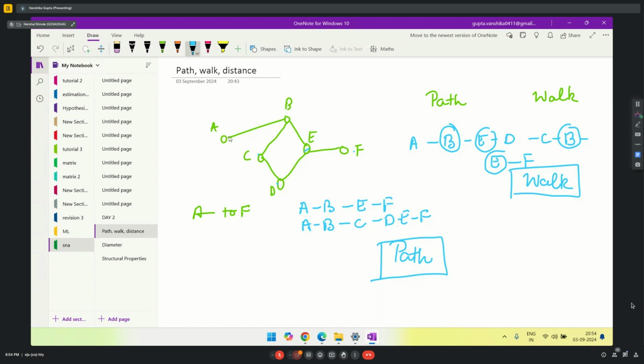So in that case, if you have come from A to B, you do not know I can directly go from E to F. You take a big circle and then go from E to F. Okay, so you're repeating your path again and again. That is known as a walk. When repetition happens, it is known as a walk. And in case when there is no repetition, you can travel directly without repeating any node. That is known as a path.